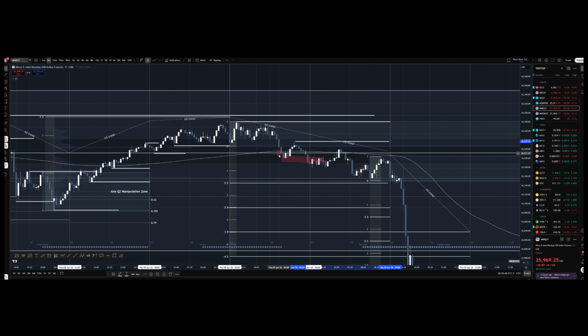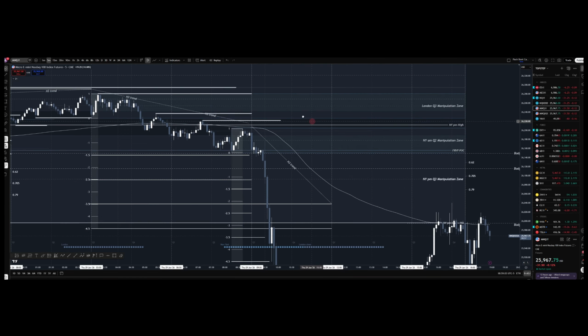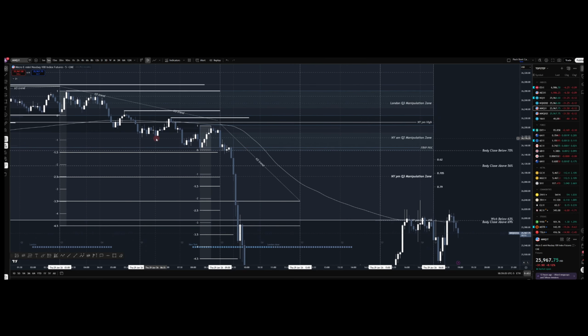Once this low is broken, this becomes our protected high. We get the candle close below. Come back up, break that here. This is now our protected high. Come back up here, break the low, body close. Protected high.